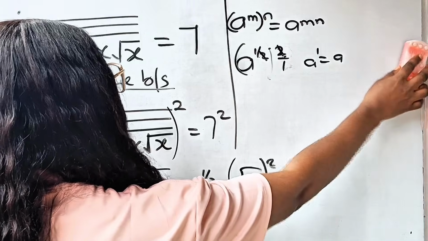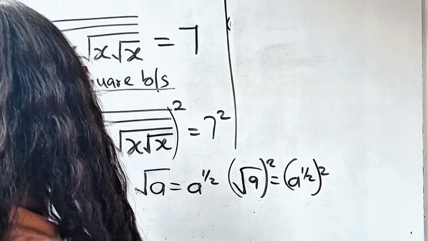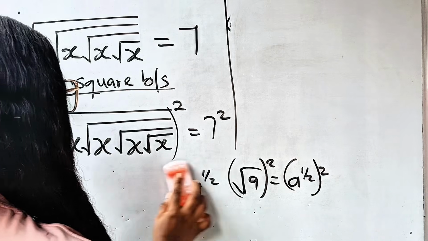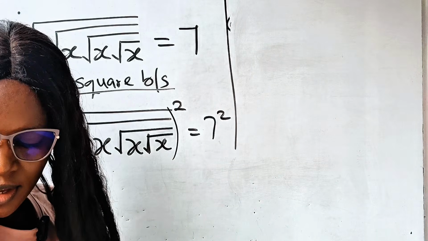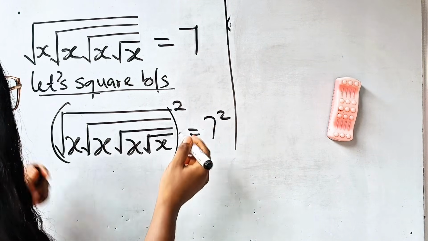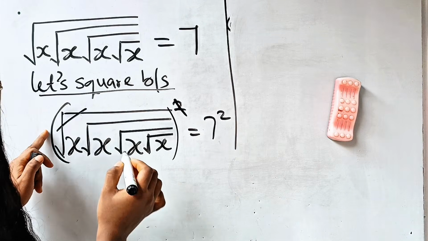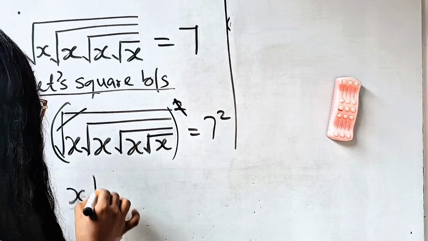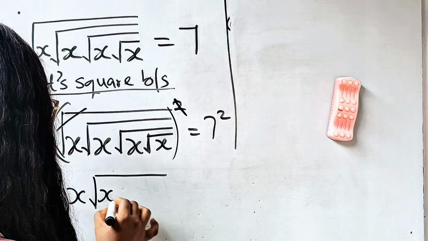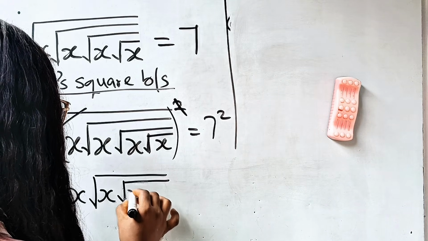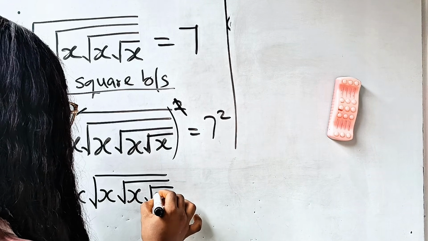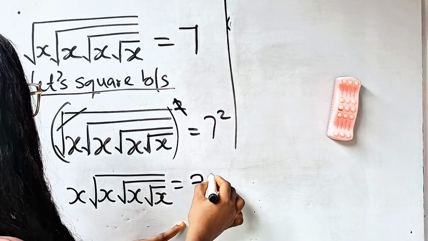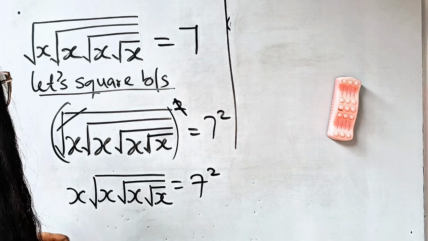So that simply means that squaring always removes the root. Applying that here, this square will remove this root, and we are left with x root x root x root x is equal to 7 squared.